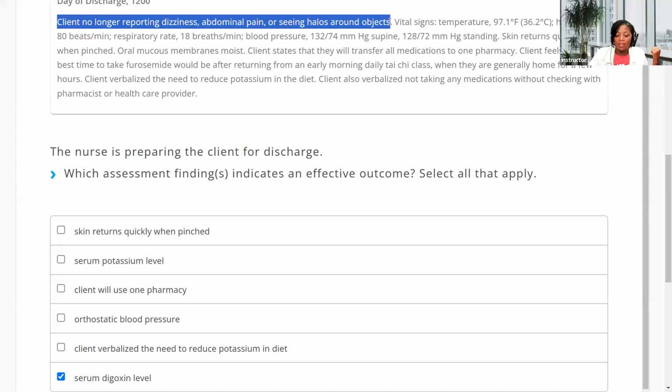Let's go to the potassium level. Skin is quickly returning back.